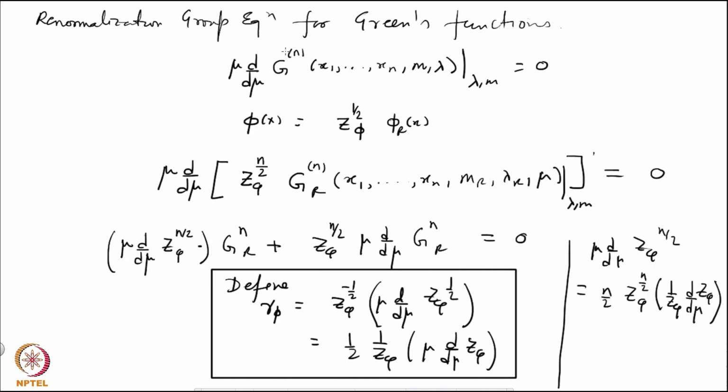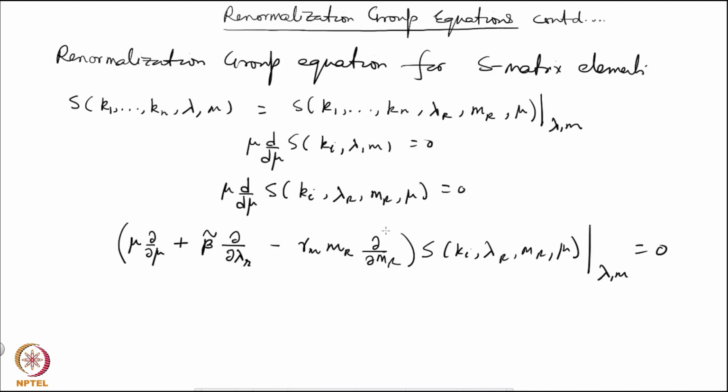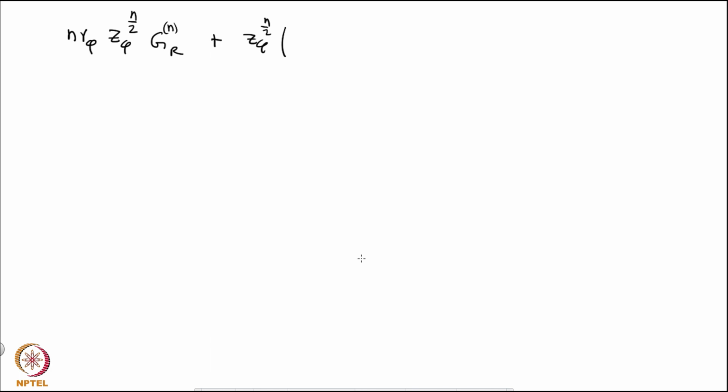Okay, and then let's go back. What I'm going to do is take this total derivative and write what we had here. Okay, exactly this thing. So then you get mu d over d mu plus beta tilde d over d lambda_R minus gamma_m m_R d over d m_R.